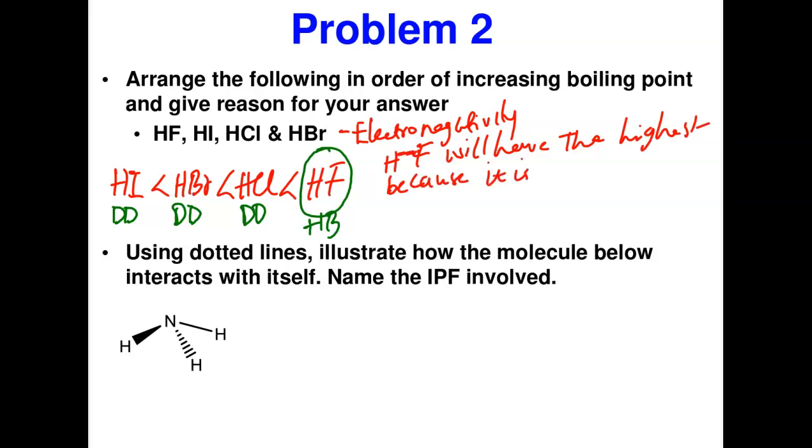It is most polar due to the high EN value of fluorine. And of course, the one with the least EN value will be hydrogen iodide. So that is the reason.